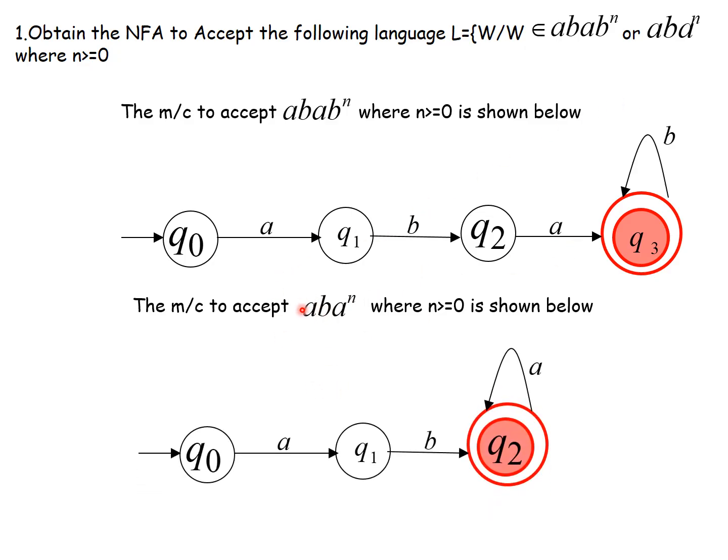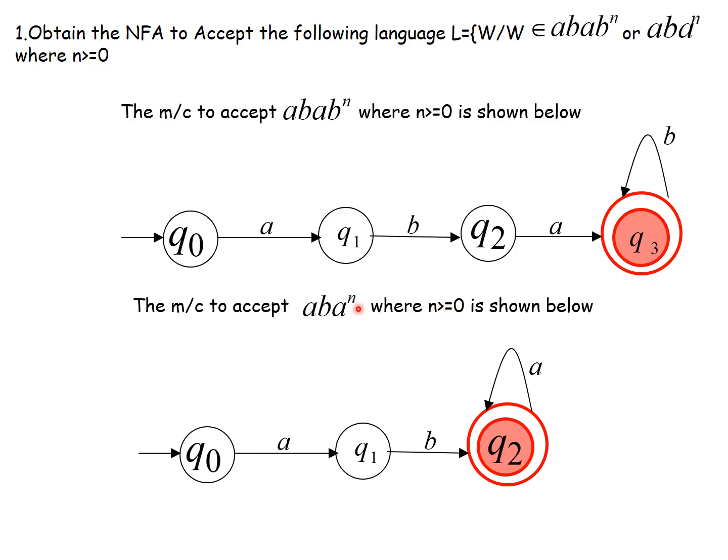There is an input AB, A power n, where n is greater than or equal to 0, shown below. To accept the first, it takes the first input from the starting state and reaches Q1. Again the input buffer has B as its first letter. It takes B and goes to Q2. In that case also AB is accepted since n is greater than or equal to 0.